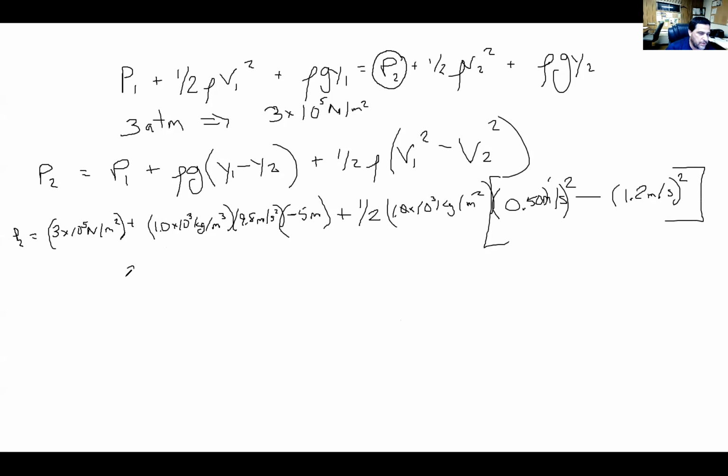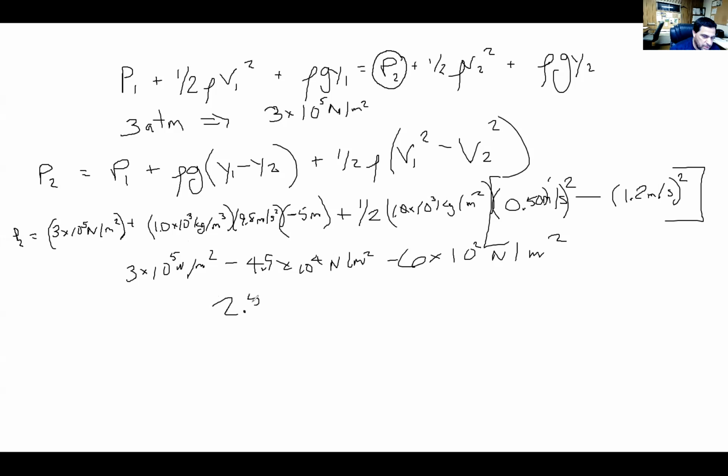So this works out to 3 times 10 to the 5th Newton per meter squared, minus 4.9 times 10 to the 4th Newton per meter squared, minus 6 times 10 squared Newton per meter squared. So we got 10 to the 5th, 10 to the 4th, 10 to the 2nd.